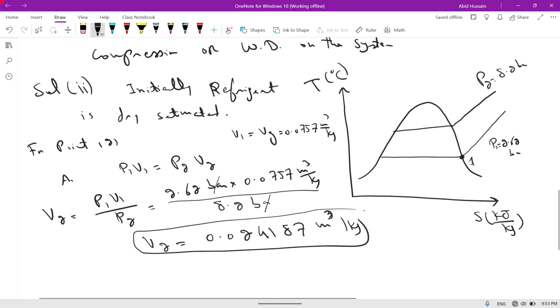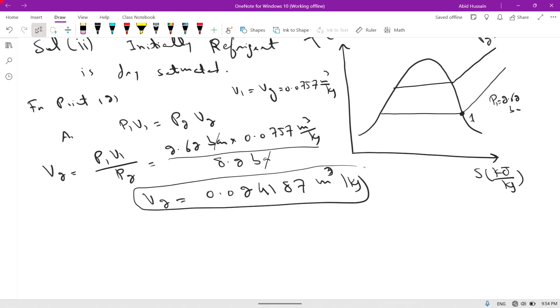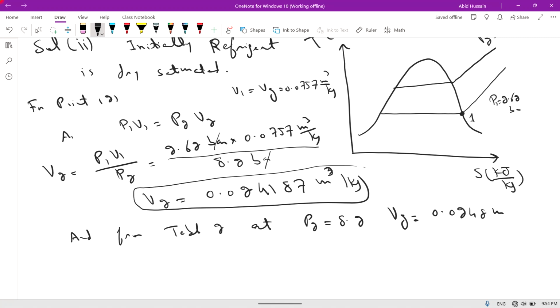Now from table 2, at pressure 8.2 bar, Vg is equal to 0.0248 meter cube per kg, but 0.0241 is less than 0.0248, as V2 is less than Vg.